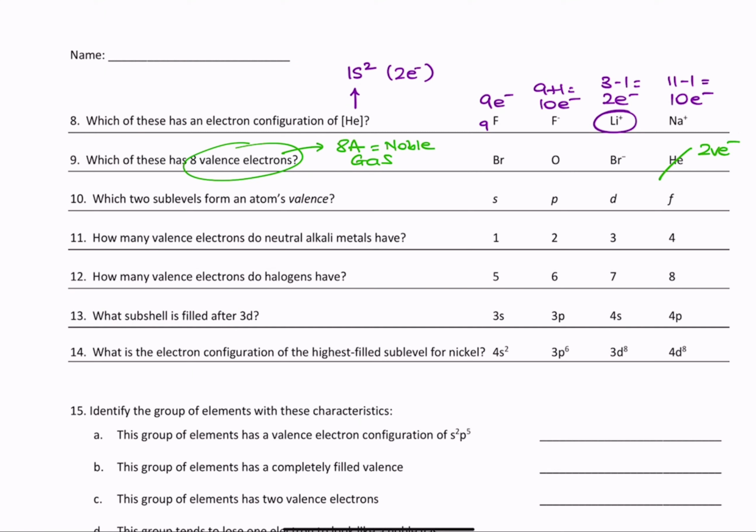Now I'm going to look at Br, O, and the bromide ion, Br minus. Well, Br belongs to group 7A, so 7 valence electrons, not the correct answer. Oxygen 6A, 6 valence electrons, not the correct answer. So why is bromide the correct answer? Because the bromide ion has 7 valence electrons when it's neutral, plus 1 to get the net charge -1, so it adds up to 8 valence electrons total.